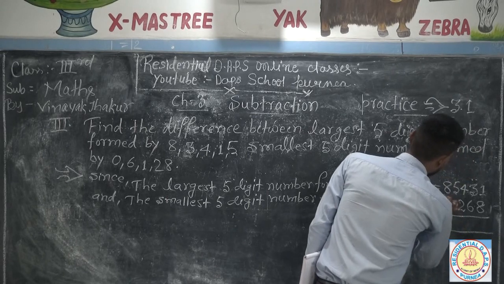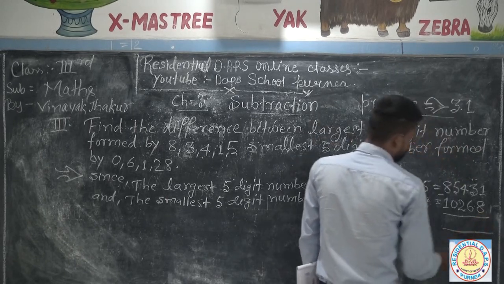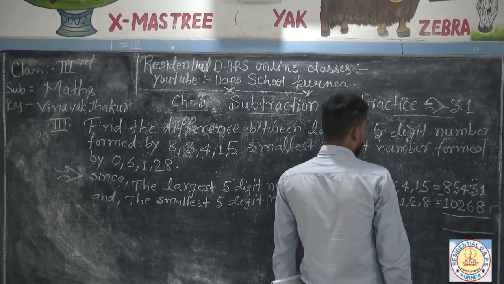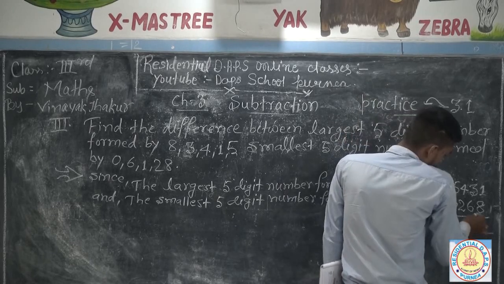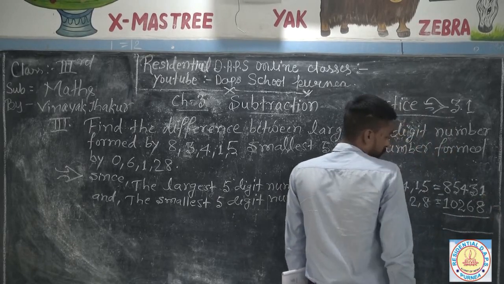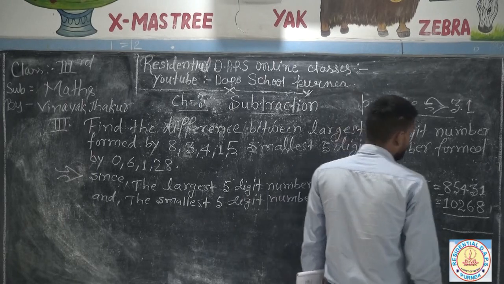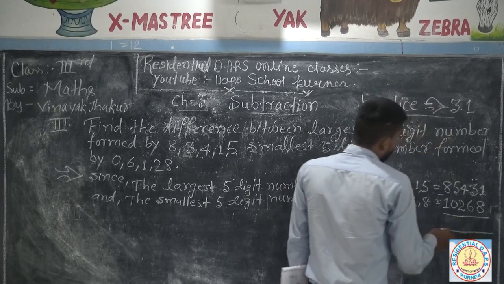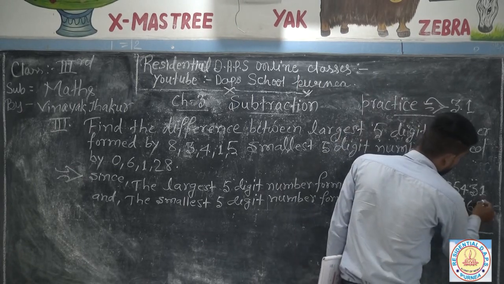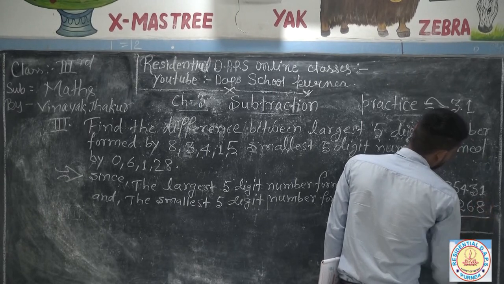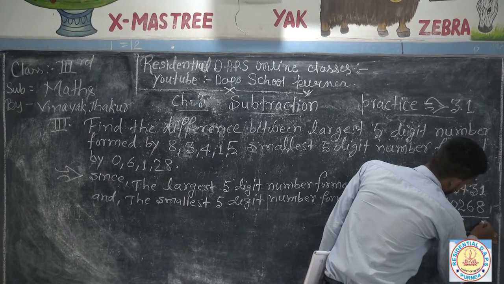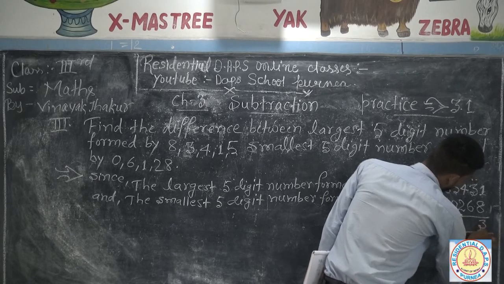If we find the difference between these two, we subtract the subtrahend from the minuend. Subtracting 8 from 1 is not possible, so we have to borrow 1 from the tens place. So 1 and 1 make 11. Now you can subtract 11 minus 8, 3.